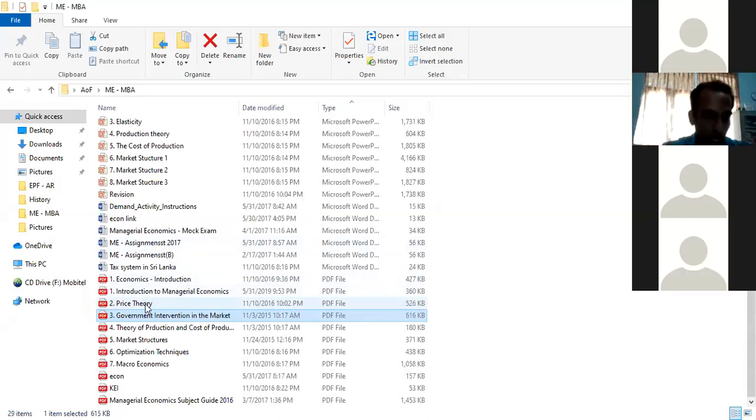In fact, there are more details relating to elasticity and the key points given in the note that I have already shared with you, under the price theory note. More details are available under that price theory note.